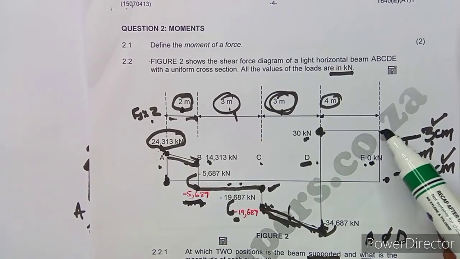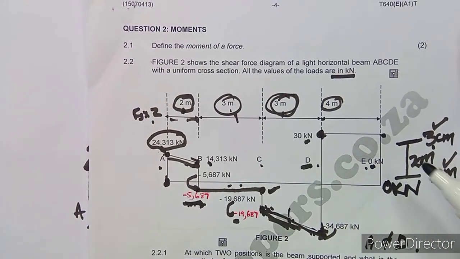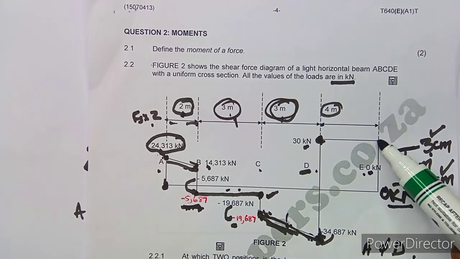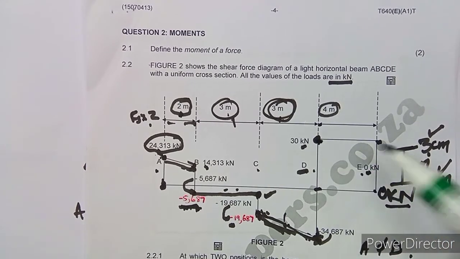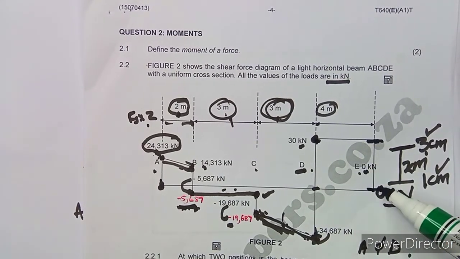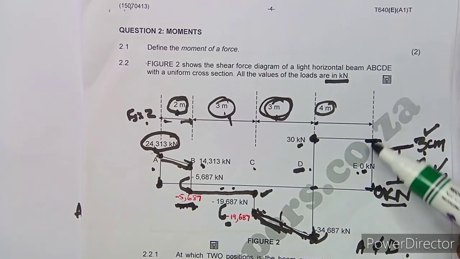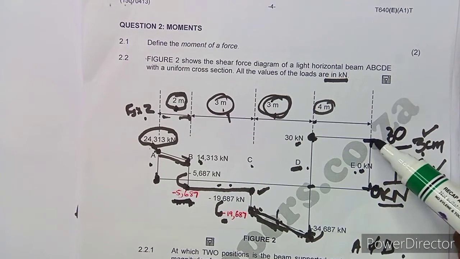This 0 here is not at this point, it's at this point here. That's where we have 0 kilonewton. So if this is 0, it means at this point we moved 30, because from this point up to this point is 30. For you to have a 0, it means you subtracted 30 at this point.